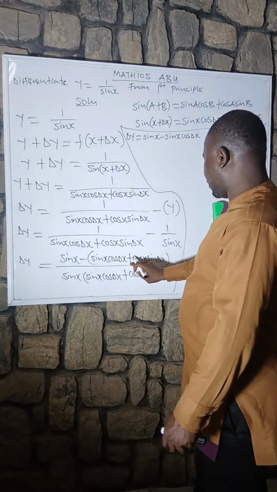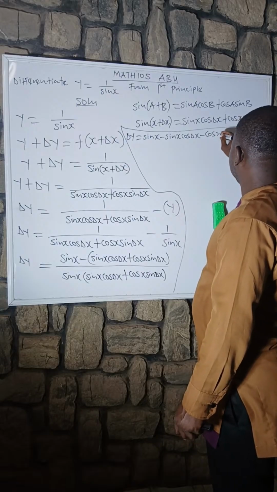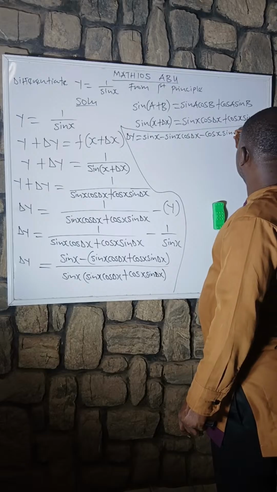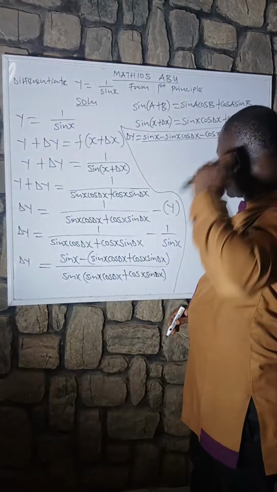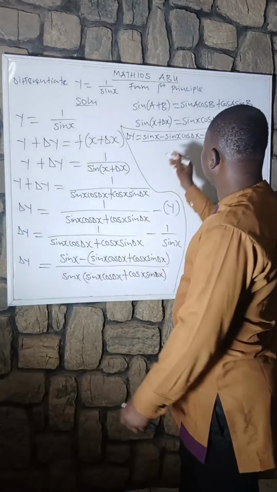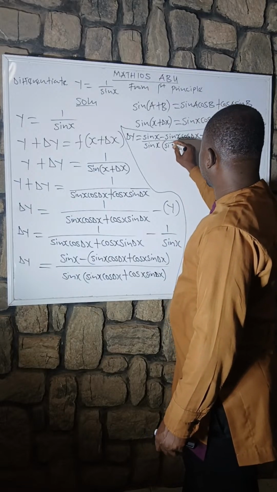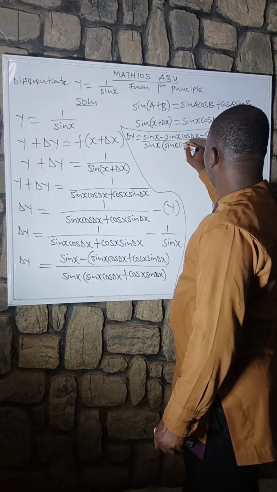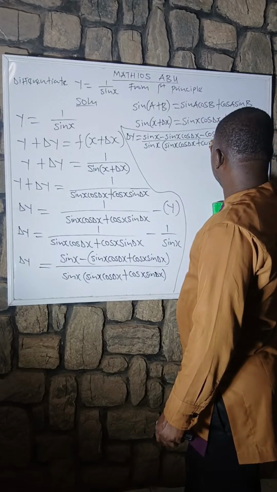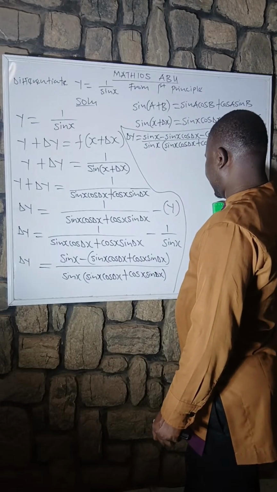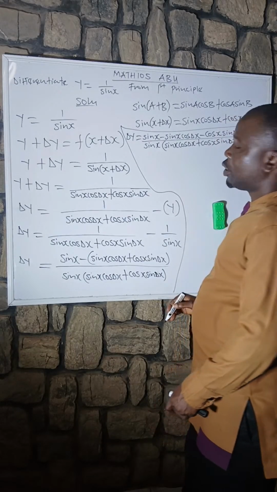Then minus times plus, here will be minus cos x sine dx. Then all over, amen, all over sine x, open bracket, sine x cos dx plus cos x sine dx. Do you agree with me?